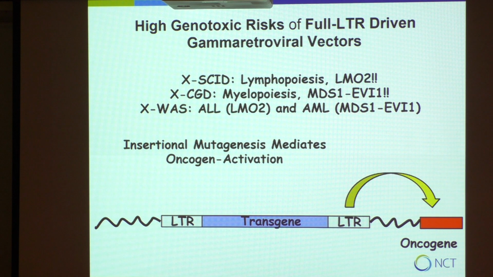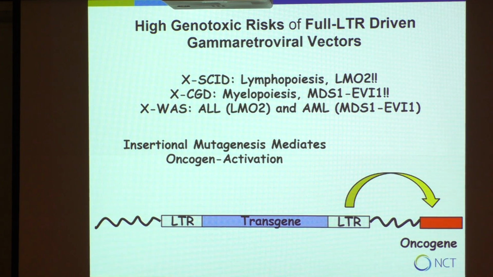This means the LTRs, the long terminal repeats that include the enhancers and regulatory elements of a natural virus, were present 2 times, on the 5' side and the 3' side. And as we now know today, the risk of oncogene activation is drastically increased.